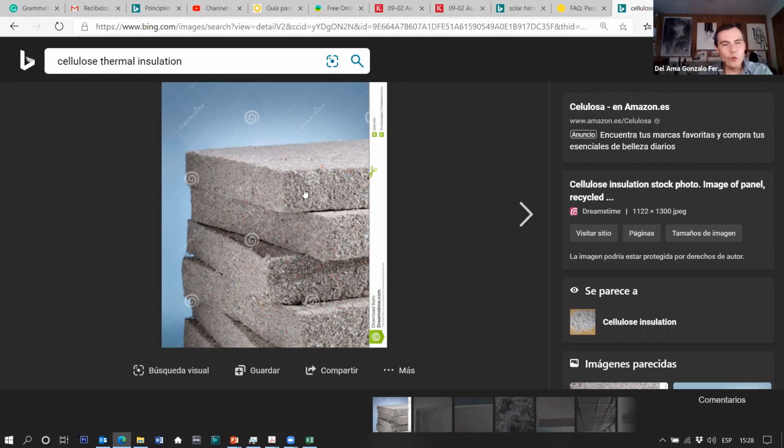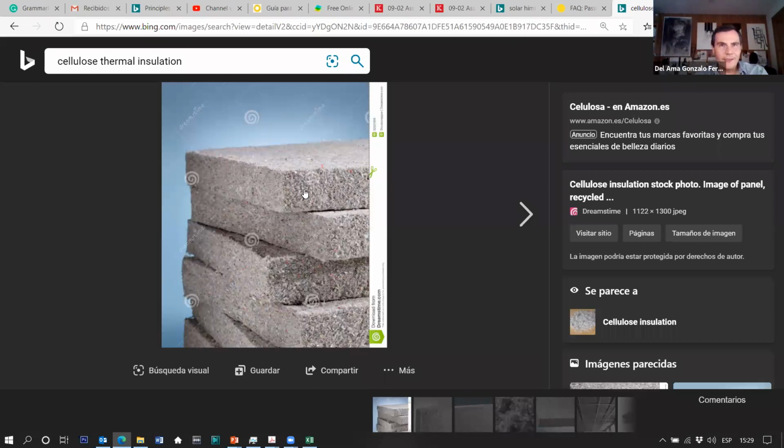Why? Because it's wood. It's a natural material, because those fiberglass and polystyrenes take a lot of energy to manufacture, and you emit a lot of CO2 manufacturing those kinds of elements. But cellulose, you just grind wood, you stack those wood fibers together, and then you have this kind of panels. So it's very easy to manufacture.